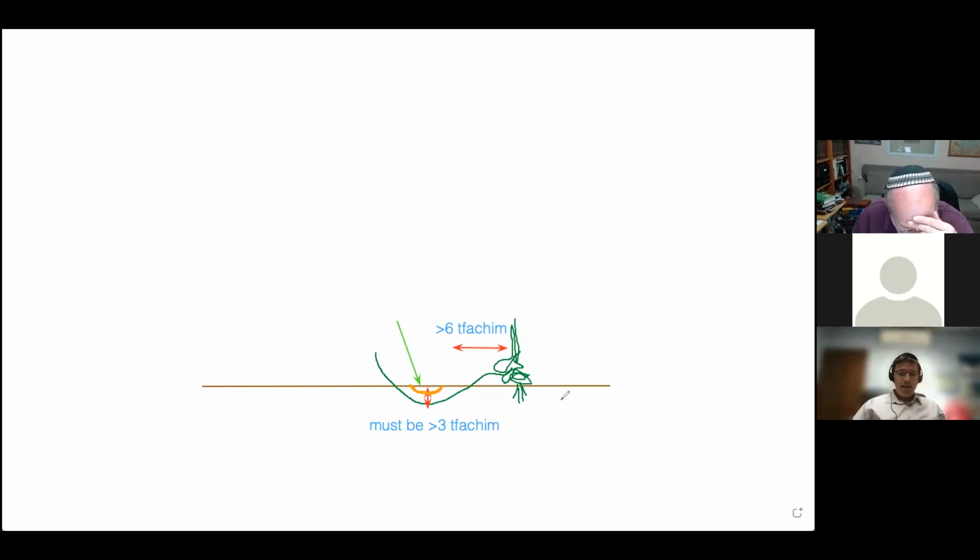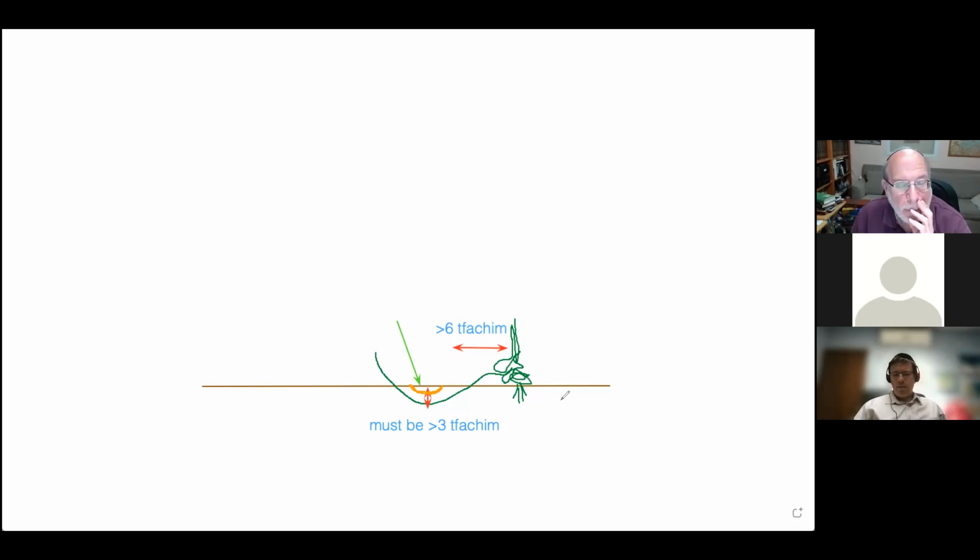However, if that spot over there is bedrock, or just any stone that roots can't penetrate, or also if it was metal, even if you just got three etzbaos of soil on top of it, that's a good mechitza. That separates it from the roots underneath. Then you would be permitted to plant inside it.